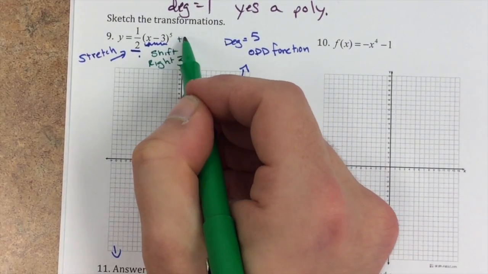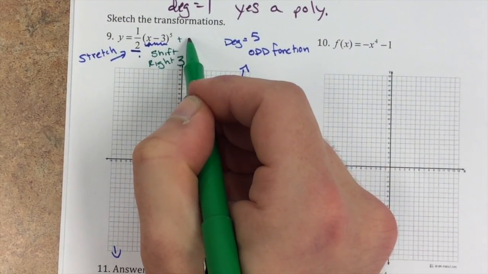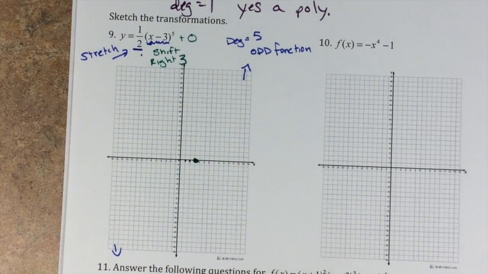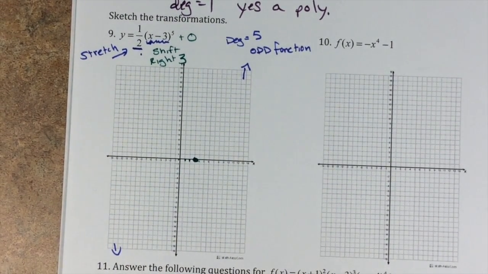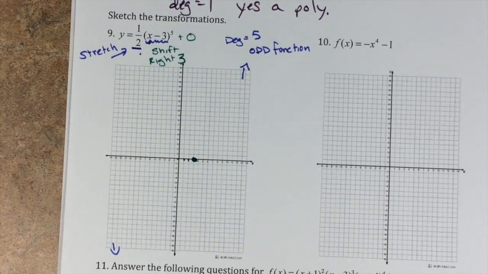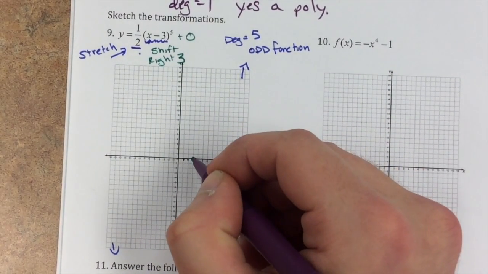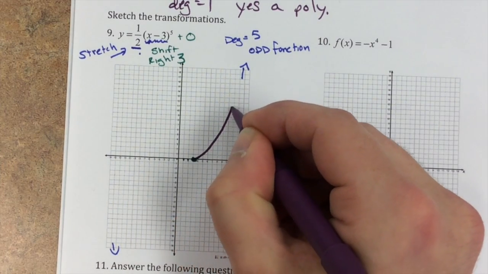And then we're looking at, is there any number on the outside? Well, it's really plus 0. So there's no vertical shift in our graph. So now once we have all of this, we can graph this. We know it's a 5th degree function, so it's going to look like an x cubed.